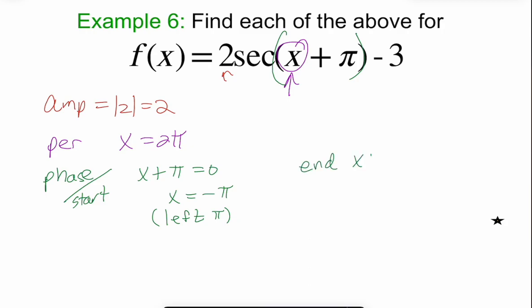Remember the end is where x plus pi equals 2 pi. Or you can add 2 pi onto your start, and that's going to be your end. If the period is 2 pi, and we subtract a pi from both sides, 2 pi minus 1 pi is 1 pi. That's our end.